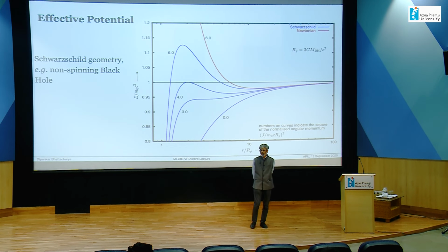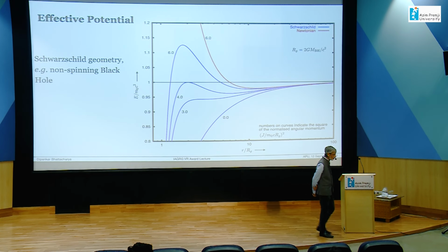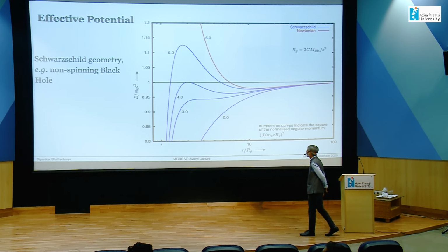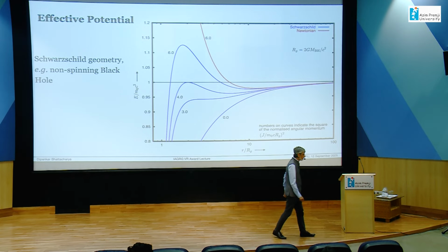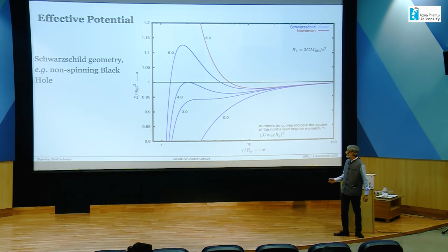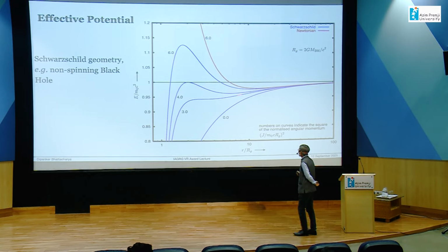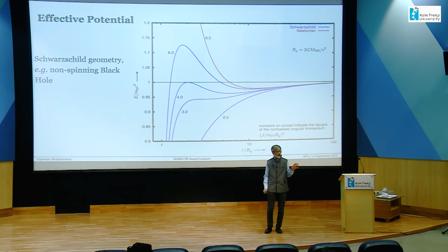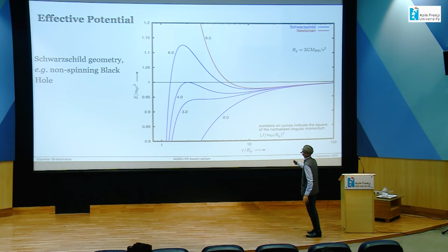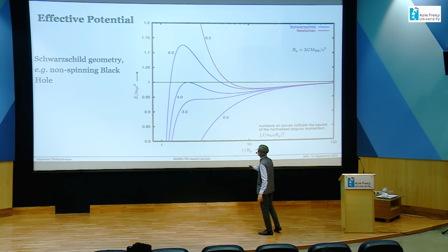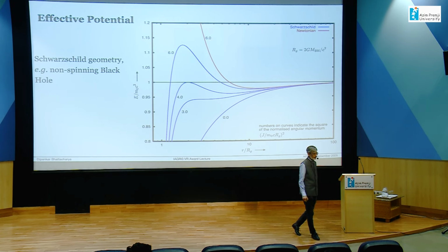So we're talking about orbits near black holes or compact objects, so it's good to pay a little attention to slight details about these orbits. What I've plotted here are some effective potential curves. The red line is the effective potential in Newtonian gravity. Here this line of 1 separates bound orbits from unbound orbits.